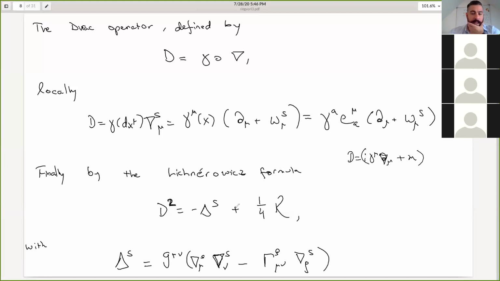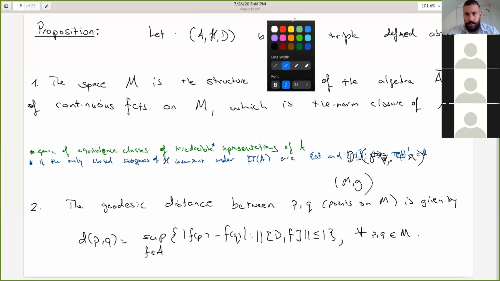And then you get an additional term which is obviously missing when the curvature is equal to 0. And that is the scalar curvature of the manifold (M, g). Good. That was a little bit of a detour.